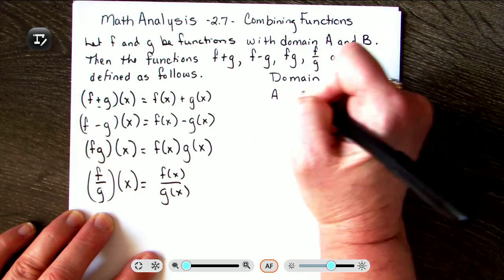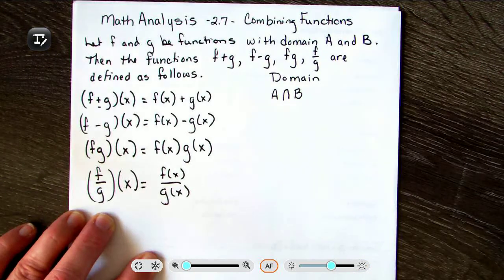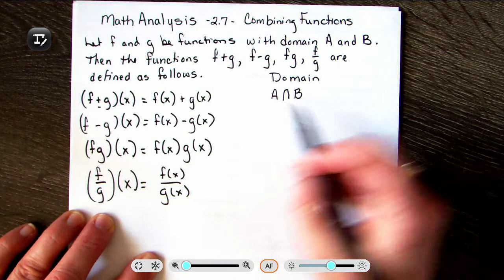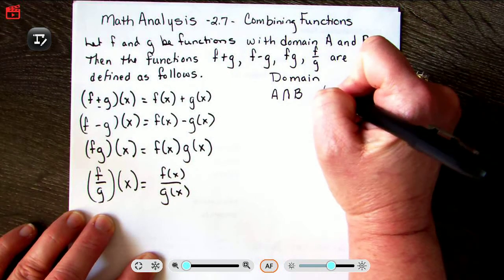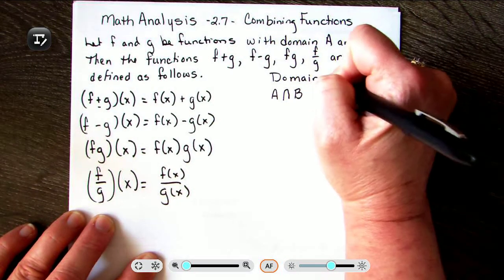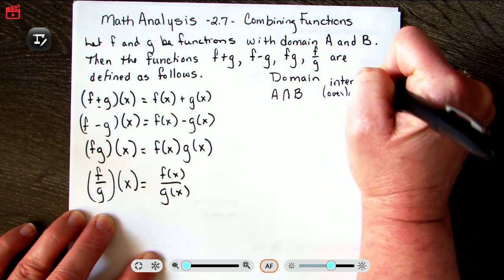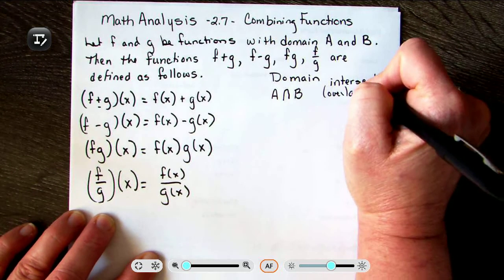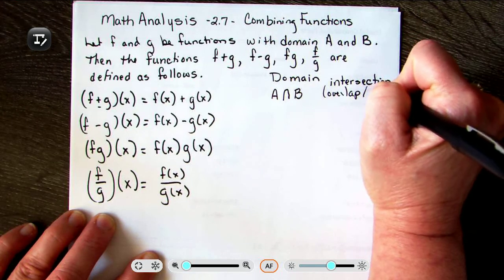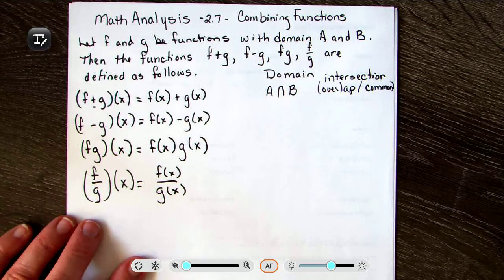That is written as A intersect B. So it is the overlap of those two. It's technically called the intersection, their common areas. So that would be the domain of f plus g.